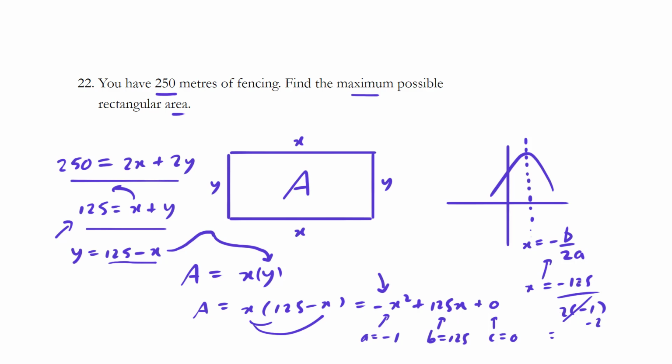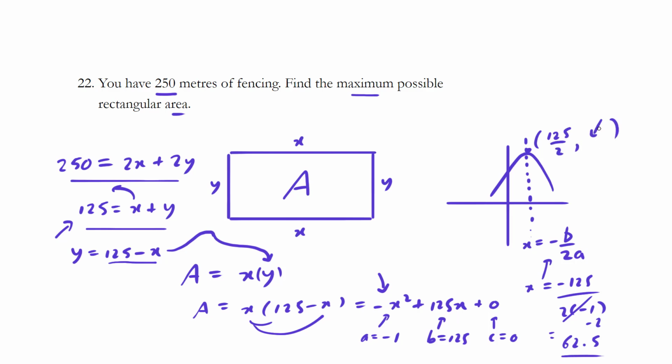And the question is, what is half of 125? It's 62.5. So the x value of the coordinate of the vertex is 62.5, or you could write 125 over 2.